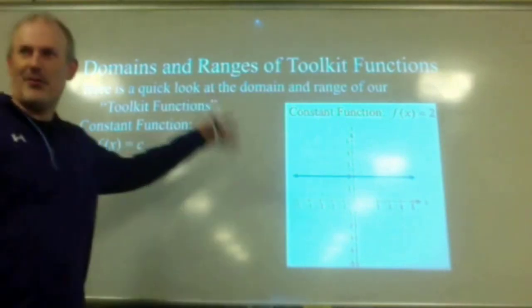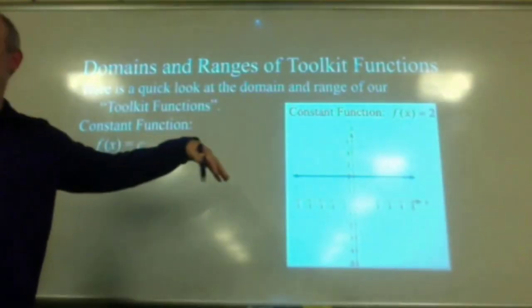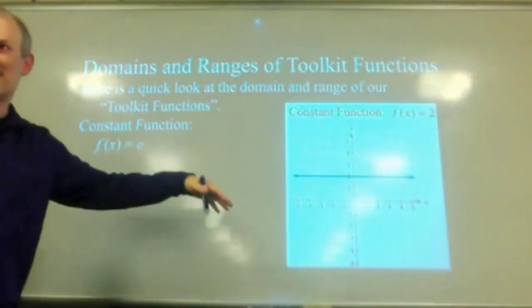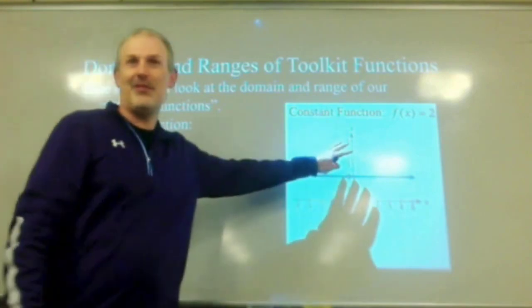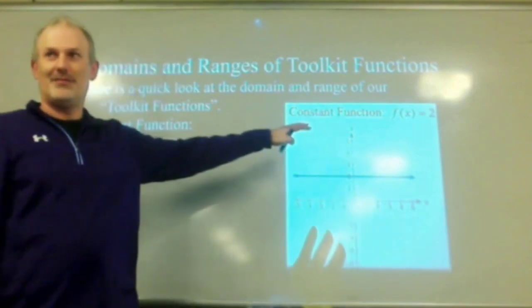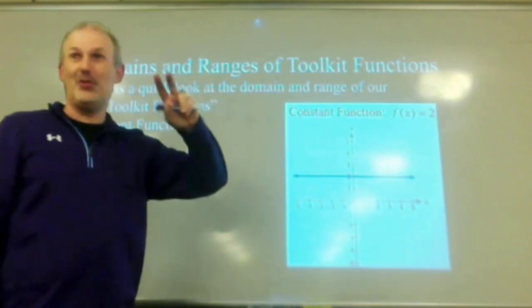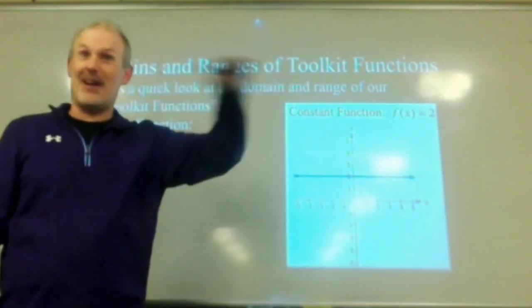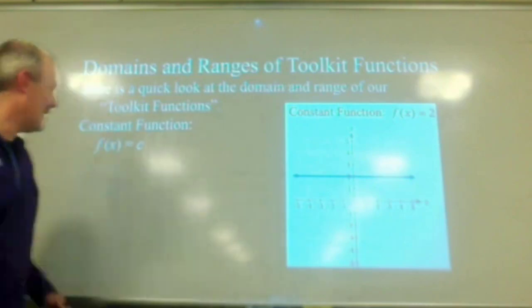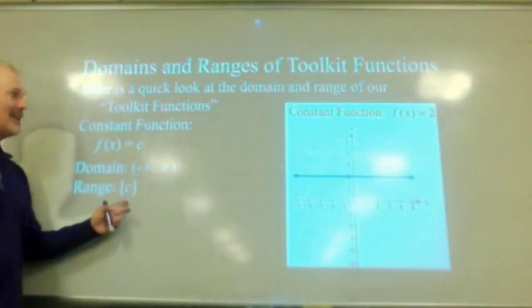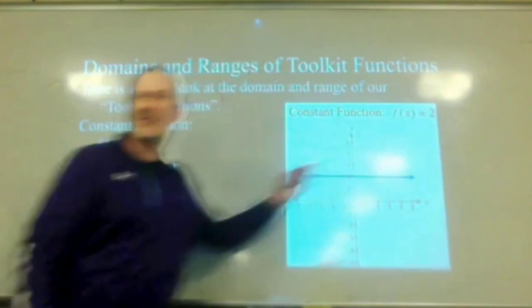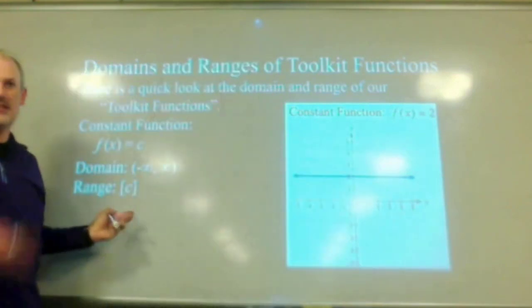How about up and down? How far down does it go in this particular example? 2. And how far up? 2, because it's only one value, right? It's a constant. So the domain is all real numbers, and the range is whatever constant value it's at. That's it. It's only that one value.